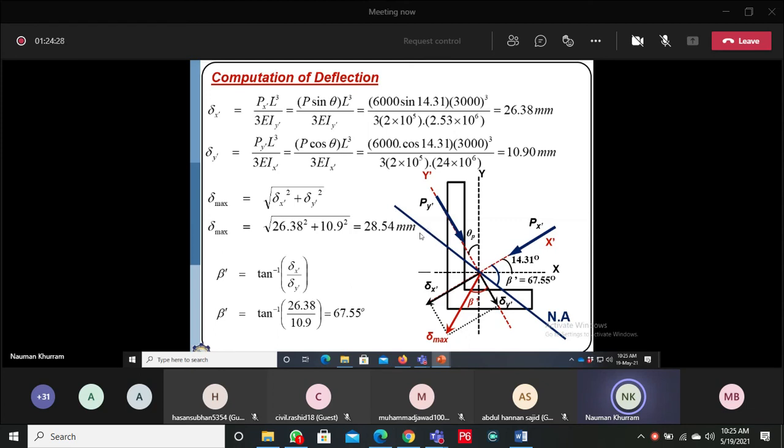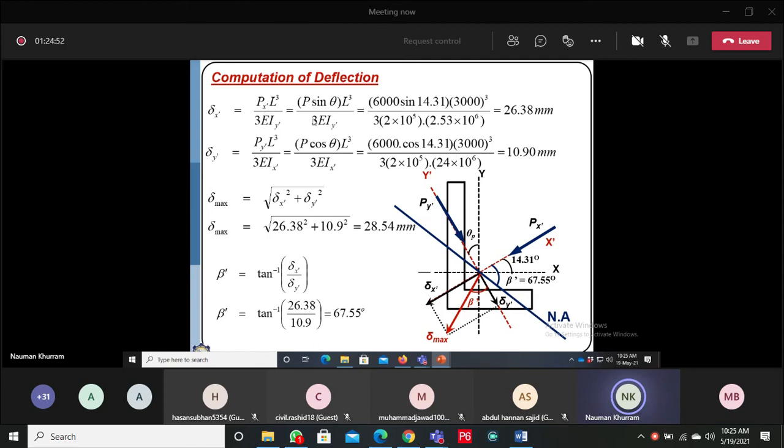So all the cross sections will also offer resistance about the same y axis. So the moment of inertia will be about the axis which is perpendicular to the load. So the deflection along the x principal axis is a function of the load acting along the x direction, but the moment of inertia about the y axis.